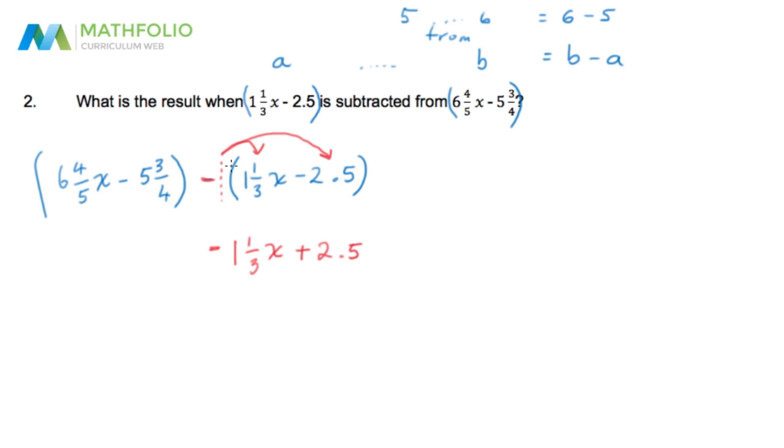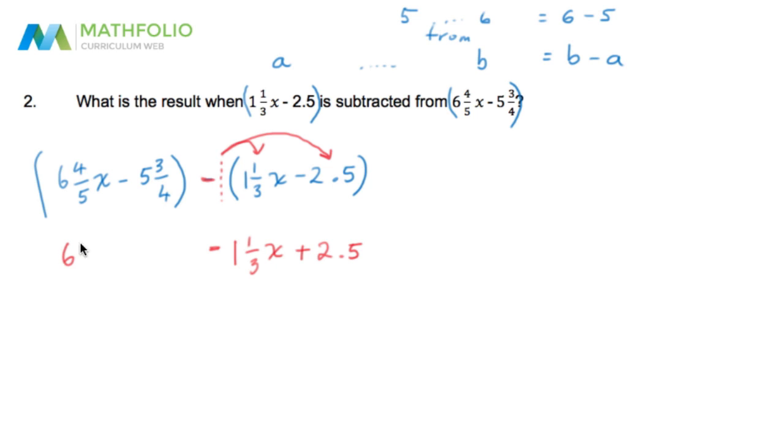Okay, so we removed the parentheses, and we've done that by distributing this negative to each of them, which makes sense. If we were just minusing everything in these parentheses from the first set, we would do minus this, and then we have to minus a negative. So when we're minusing this negative in the second part, we're really adding it. So that's why it becomes plus 2.5.